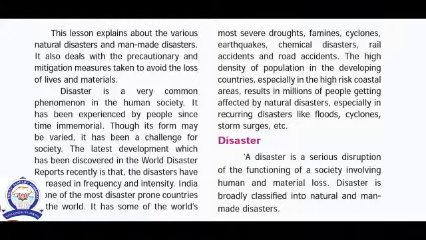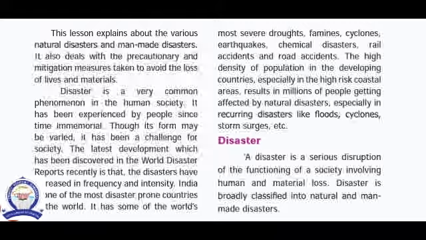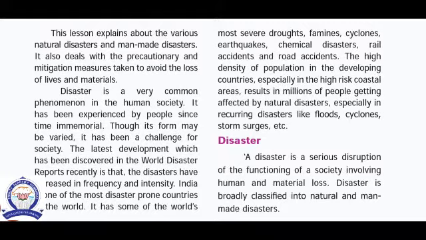Disaster is a very common phenomenon in human society. It has been experienced by people since time immemorial, though its form may be varied. It has been a challenge for society.